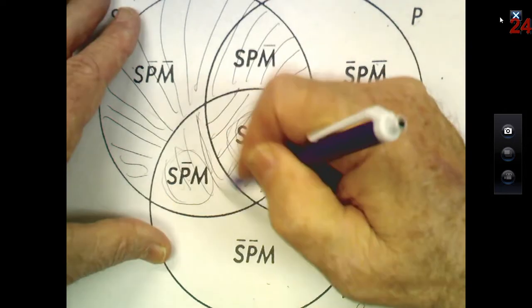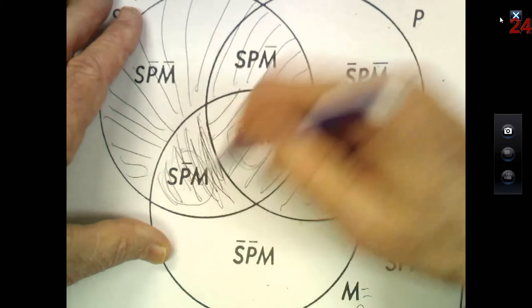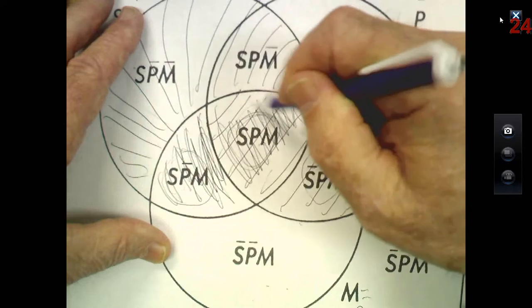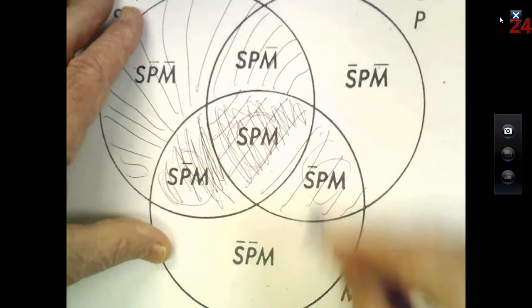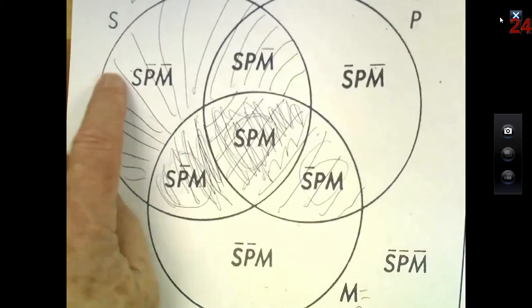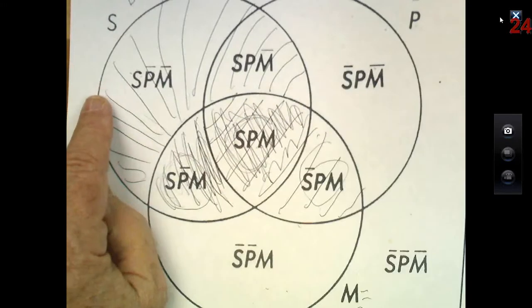Yeah, this should be shaded in, and this should be shaded in. I'm going to have to think about that. It looks like I've got this shaded in, but if it's invalid, it shouldn't be. I must have done the Venn diagram wrong.